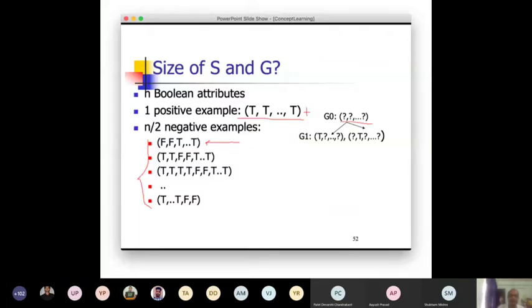If you put F here, then that is not a general hypothesis with respect to this positive example. Your hypothesis has to be more general than the hypothesis in the S boundary. So there are only two possibilities: one is T all question mark, another is question mark T and all question mark. Given this negative example, these two form the general boundary.